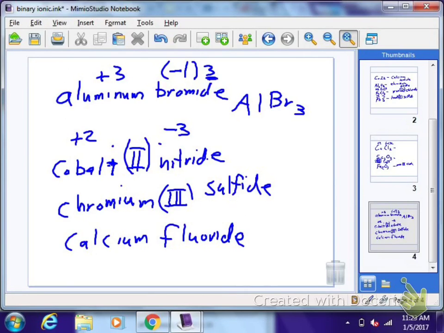You got to get them to a common denominator so you can add them. Common charge, so you can balance the charges out. So cobalt, like Gavin said, 3 cobalts, 2 nitrogens. So that becomes your subscripts, those numbers you multiply by. So Co3N2.